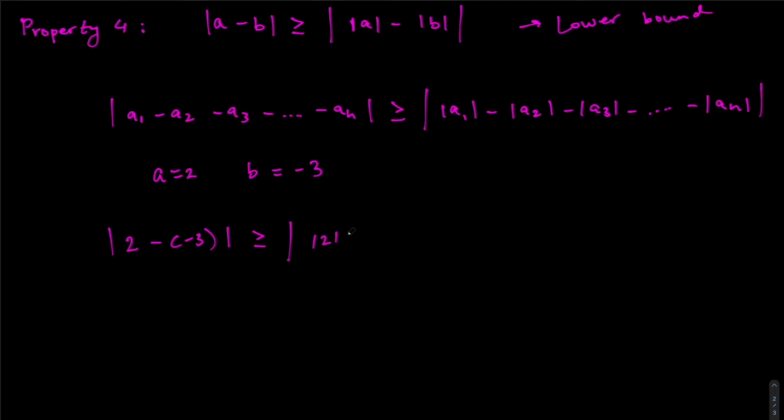So it's going to be modulus of 5, which is 5. And then I have 2 minus modulus of 3, which is just 3. This is going to be -1, but it's modulus, so it's going to be 1. So 5 is greater than or equal to 1. This is true, so this works as well.